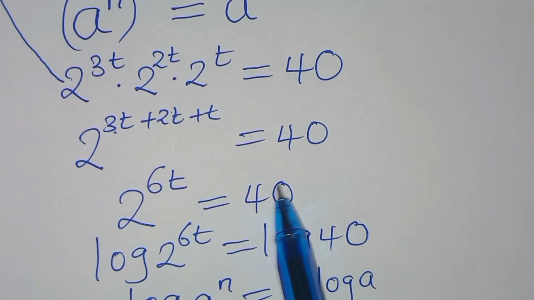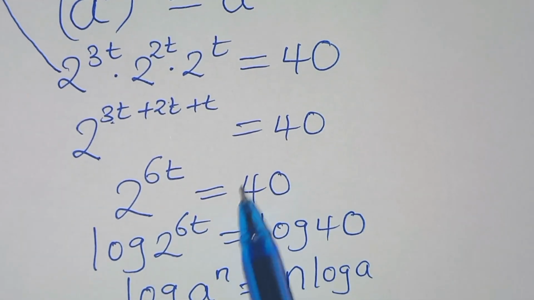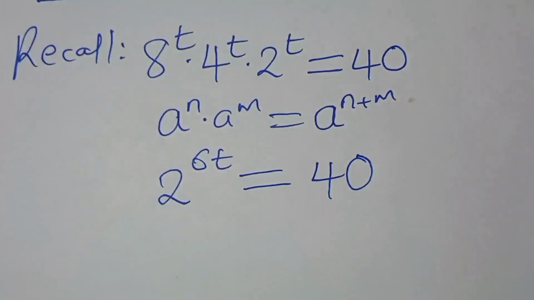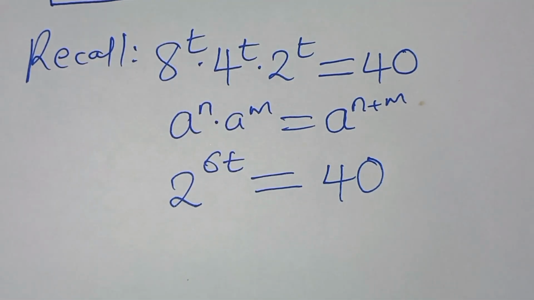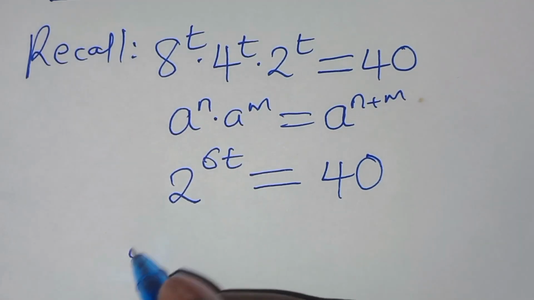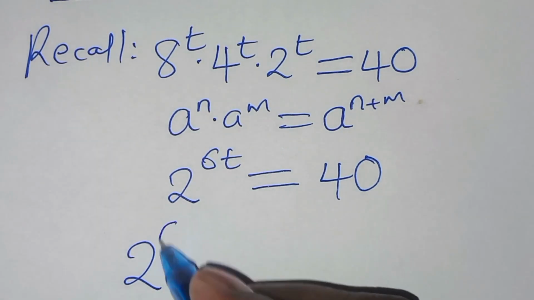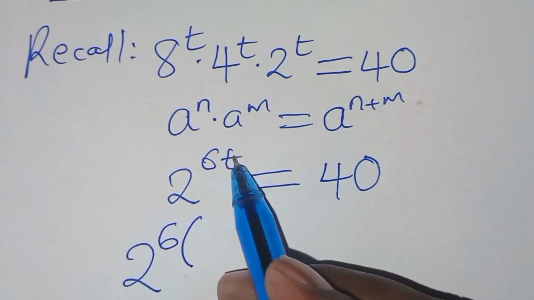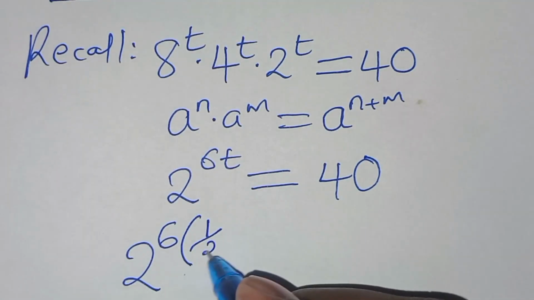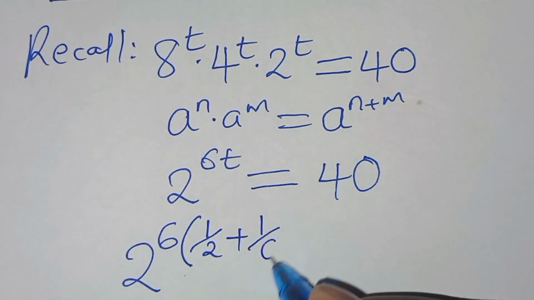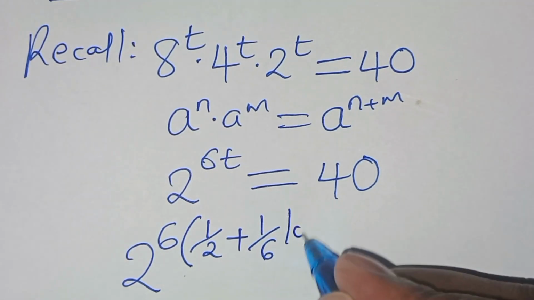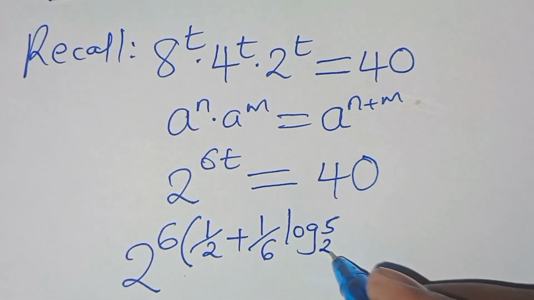Which you have here, 2 to power 6t. This is supposed to give us a value of 40. So let's substitute the value of t. So we have 2 to power 6 times t, which is basically a half plus 1 over 6 log 5 to base 2.